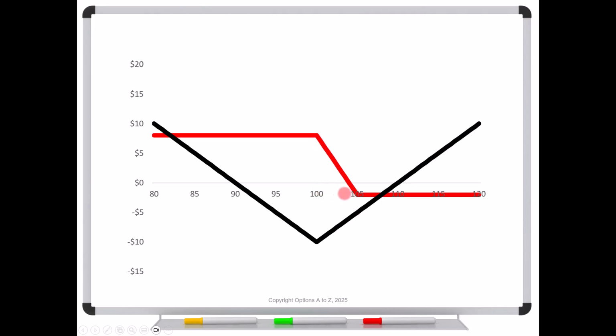Don't ever forget that on a credit spread, it's a liability. So we owe back the $5 difference times 2, or 10. So if we've collected 13 and we owe 10, we're up 3. And so this risk graph should slide up from minus 10 to minus 7 right there, but lined up at 105. So that's a closer look at what's going on with your deltas and why that is shifting higher.